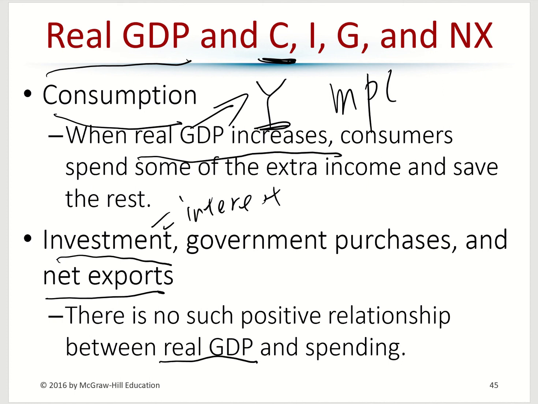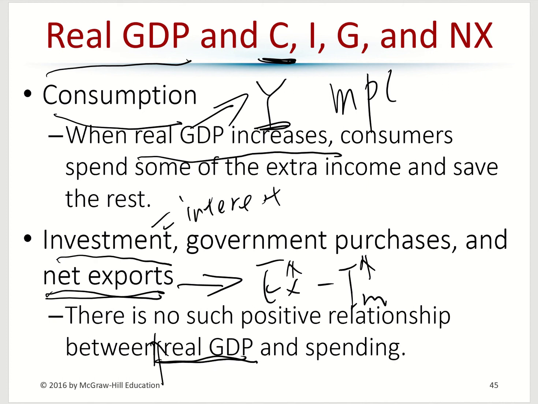At the same time, if your real GDP is increasing, that means you are producing more goods, so you might also have more exports. Net export equals export minus import, right? So if your real GDP increases, then you have two factors working against each other, so we don't know what the end result is. Just for simplicity, we're going to assume that net export is independent of real GDP. So real GDP has no impact on our net export.